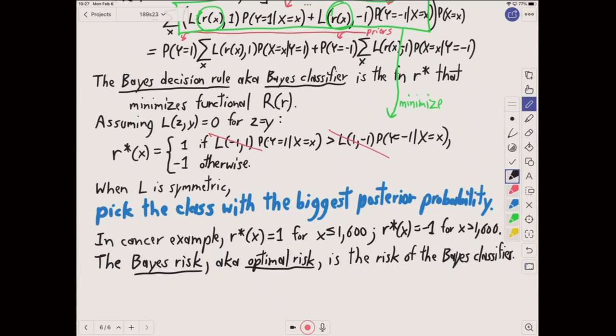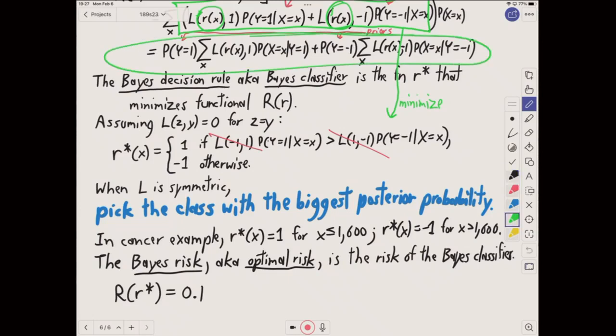So in our cancer example, the Bayes risk is big R of little r star, which is, in this formula here now, plugging in this formula, I get this.